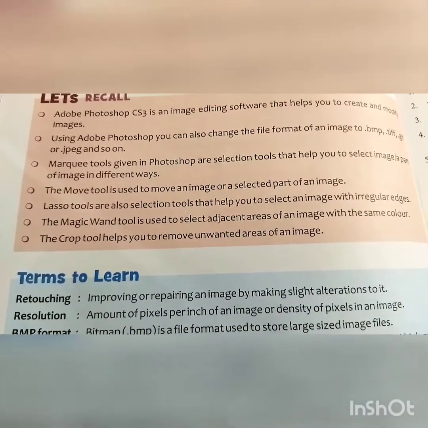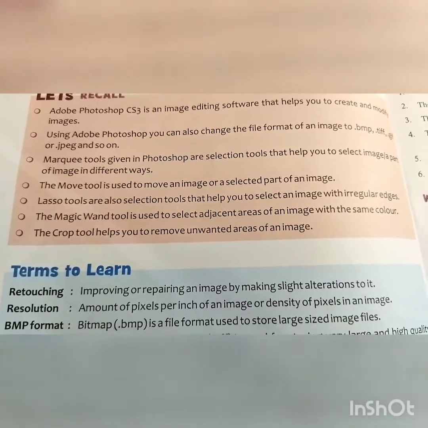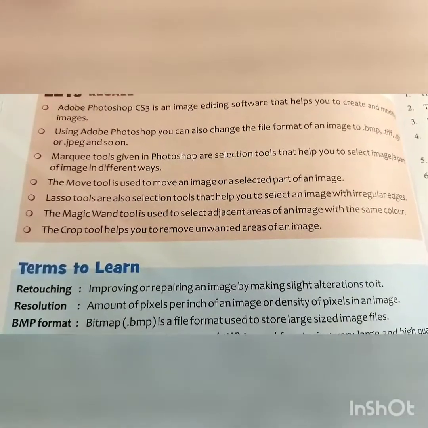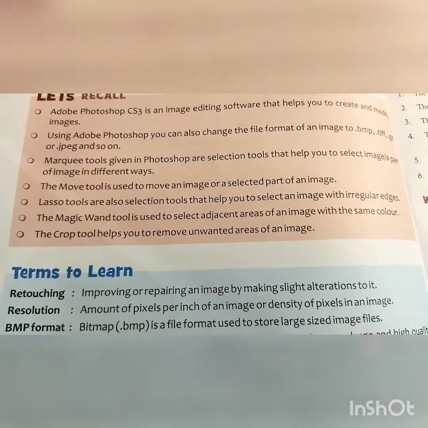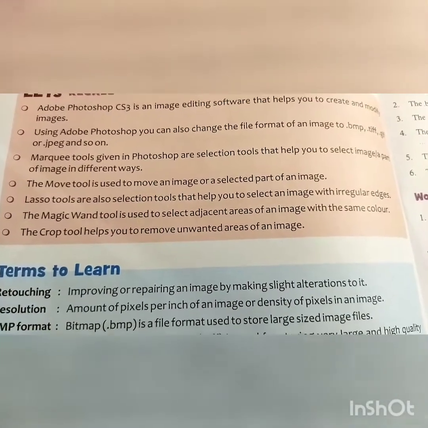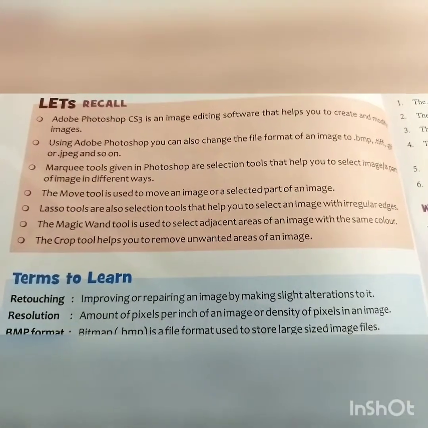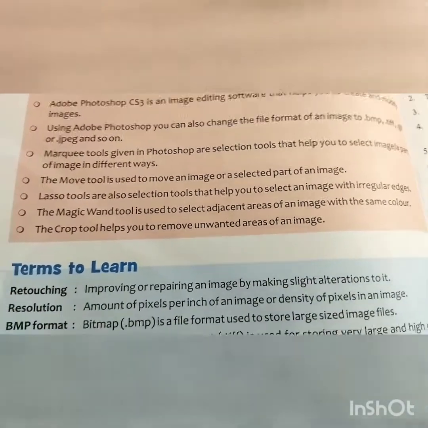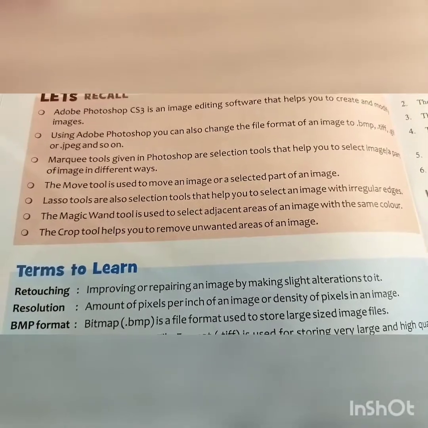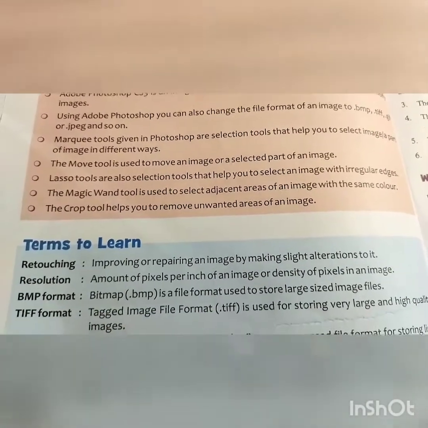The move tool is used to move an image or a selected part of an image. Lasso tools are also selection tools that help you to select an image with irregular edges. The magic wand tool is used to select adjacent areas of an image with the same color. And the crop tool helps you to remove unwanted areas of an image.